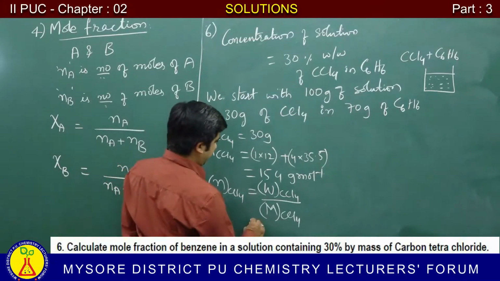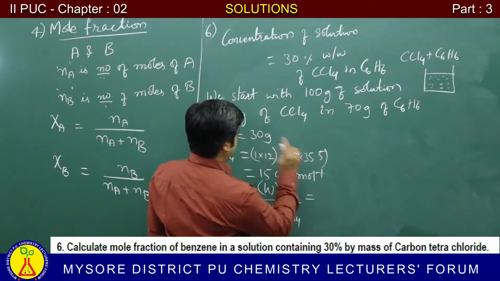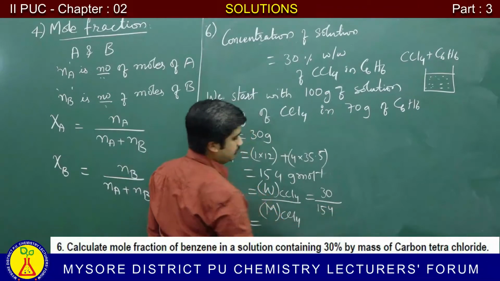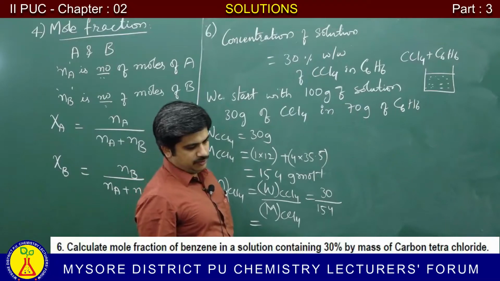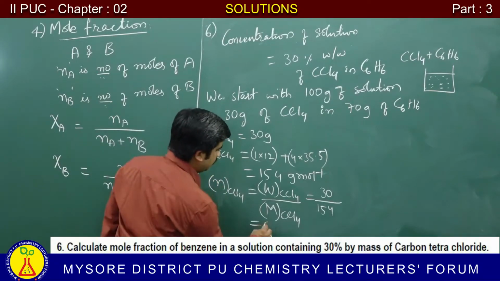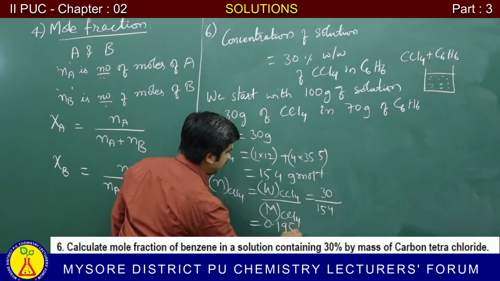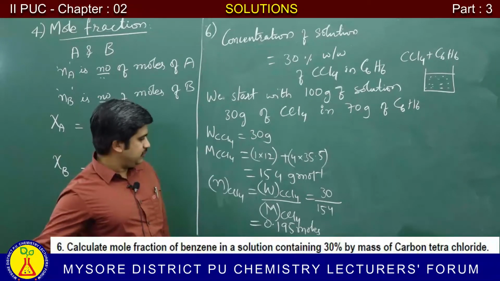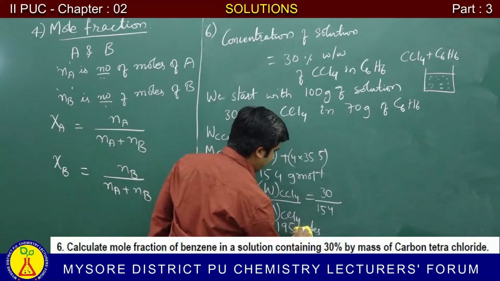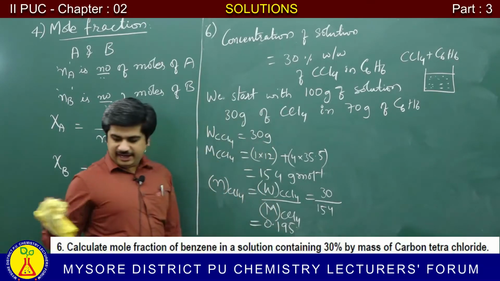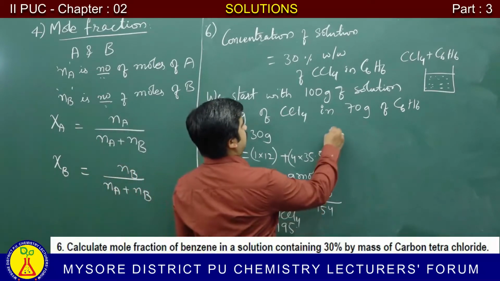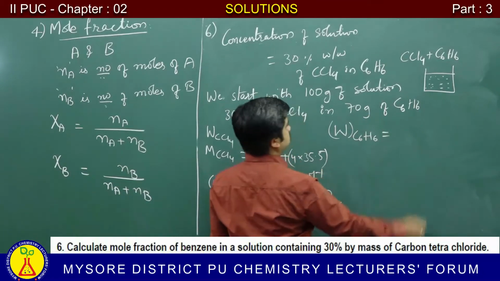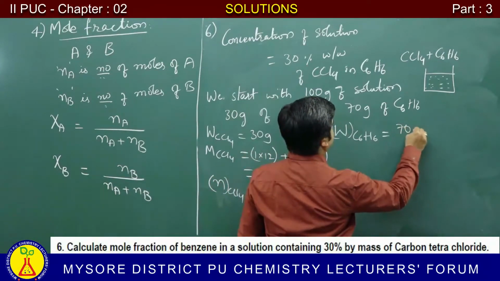How we get this formula I have explained in the last problem. Right? So whenever we want to find the number of moles, remember this formula. So if we apply it here, what do we get? Weight is 30 grams, molar mass is 154 grams. So if we divide this, we get 0.195 moles. The number of moles is 0.195. Similarly, we know that the weight of benzene is how much? 70 grams.